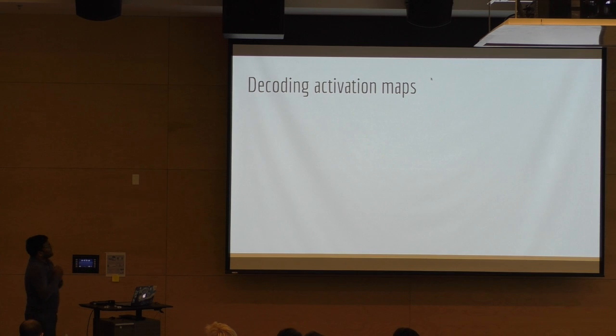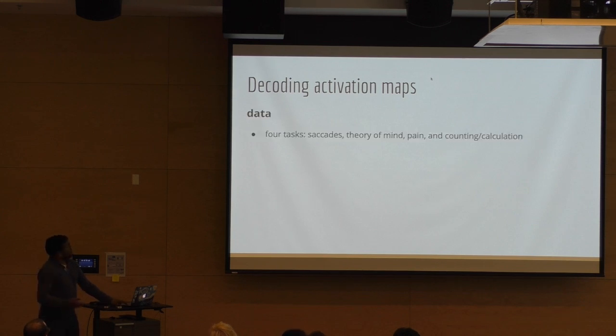Okay. So the task before us is to decode these activation masks into the different task categories, the labels that they were assigned in these databases. For the purposes of this mini project, we took data from 4 tasks that have these words: saccades, theory of mind, pain, and counting or calculation.